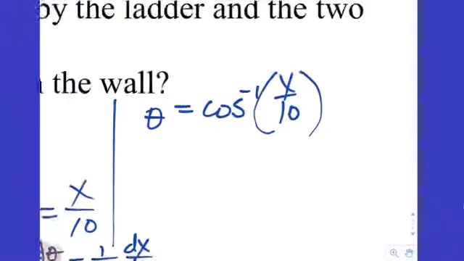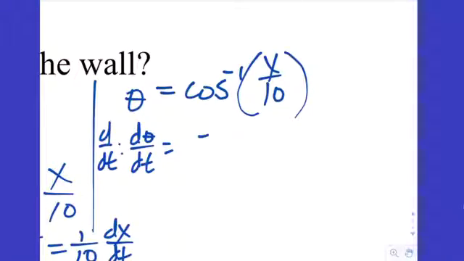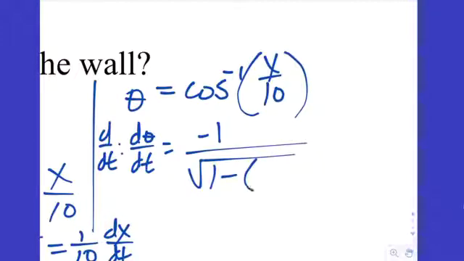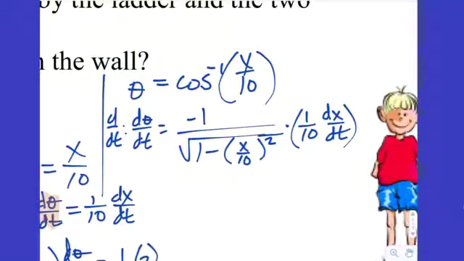And now if you take the derivative with respect to t, you get d theta dt equals, and remember, the derivative of inverse cosine is -1 over the square root of 1 minus blob squared, which would be (x/10) squared, times the chain rule, 1/10 dx dt.